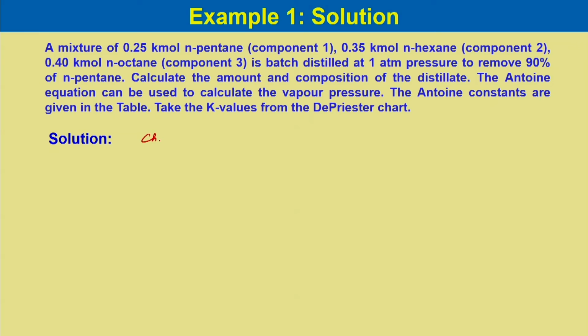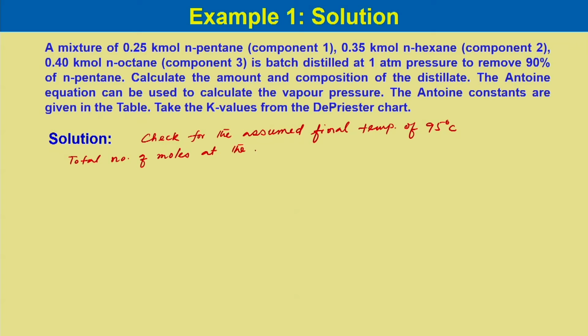So, the total number of moles at the end is equal to 0.025 plus 0.139 plus 0.338.